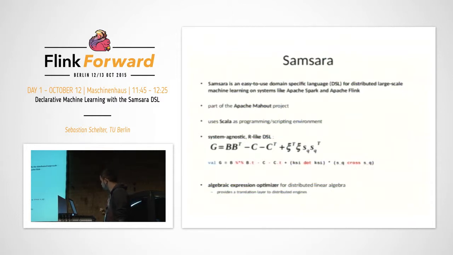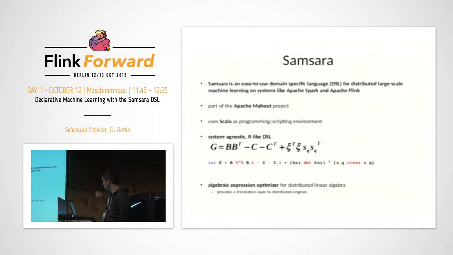So that's Scala, and it's basically just typing down the formula with some operators that look a bit different from the math. So this %*% is the operator for matrix multiplication. If you've used R, then you're probably familiar with that. And that is everything that you as a user need to provide to the system in order to compute this formula up there on a parallel system like Flink or Spark.